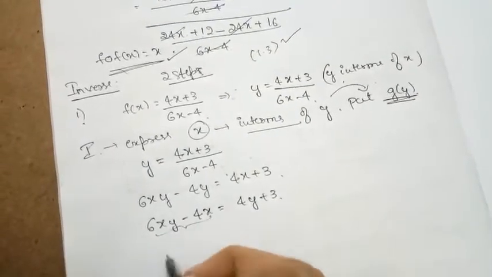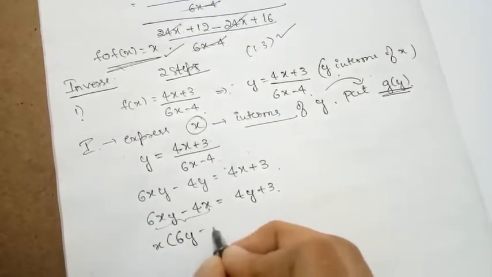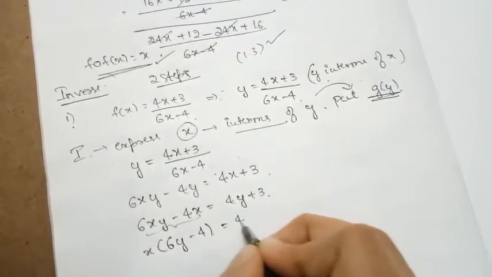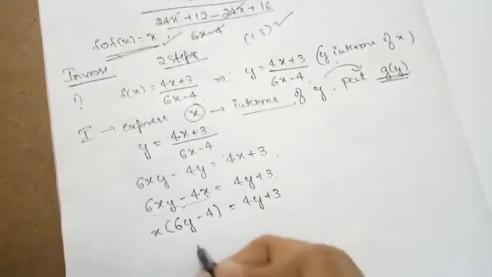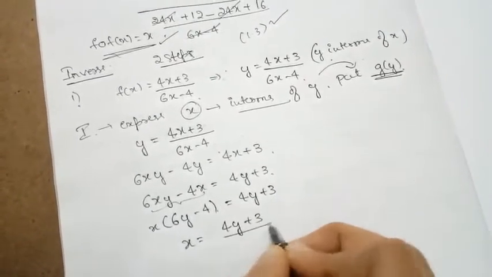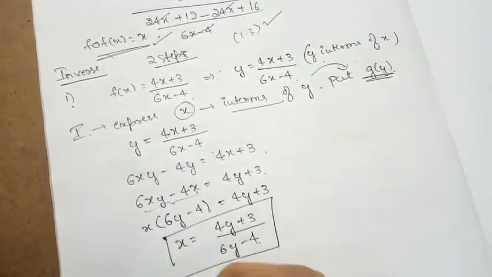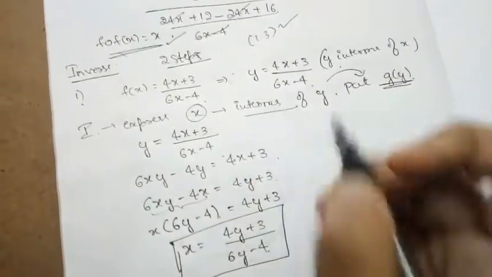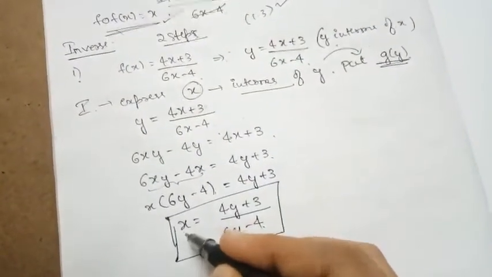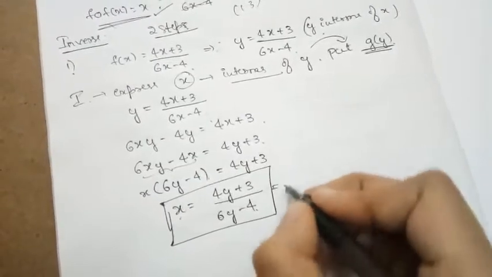From this one I will take x common outside. What is remaining? 6y minus 4, which is equal to 4y plus 3. So what happens? x is equal to 4y plus 3 divided by 6y minus 4. So we got x in terms of y. That is what we have done. So we expressed x in terms of y, and we are calling this one as equal to what?